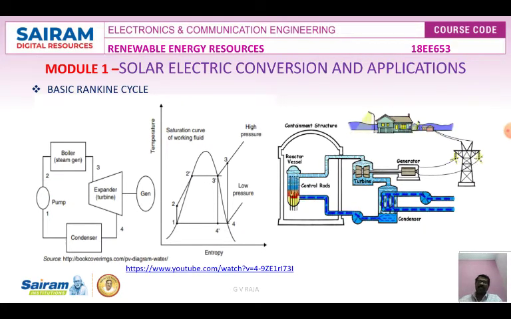The compressed liquid is heated at constant pressure in the preheat section until it reaches the saturated liquid state. Then at constant pressure and temperature, the liquid is vaporized and becomes saturated vapor at state 3.